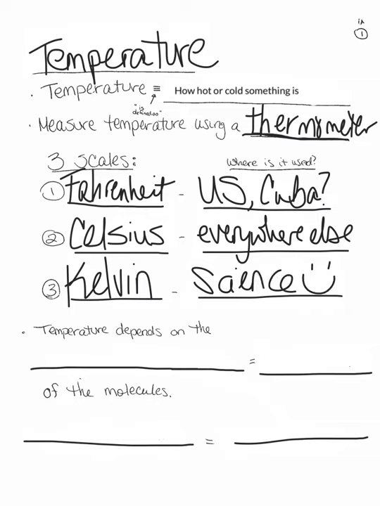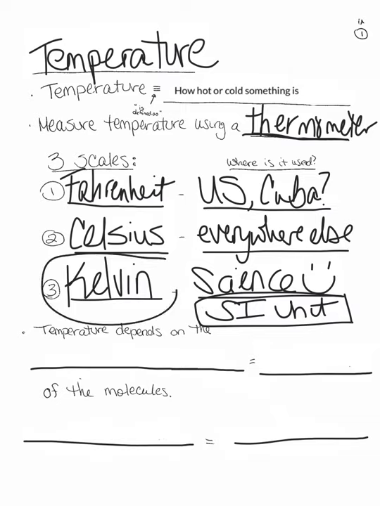Kelvin is what's called an SI unit for temperature. SI stands for Système International, or international system of units. But Kelvin is what people use in science.